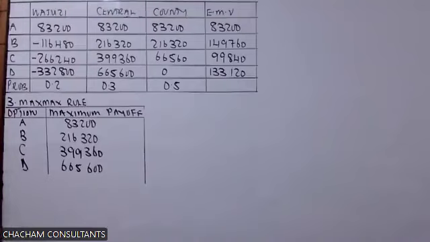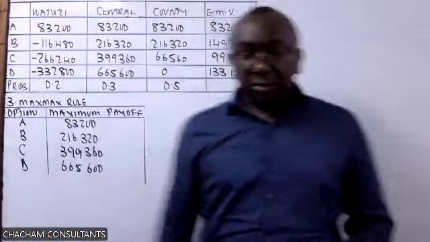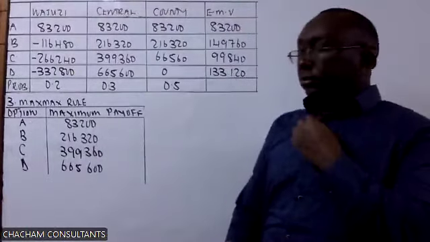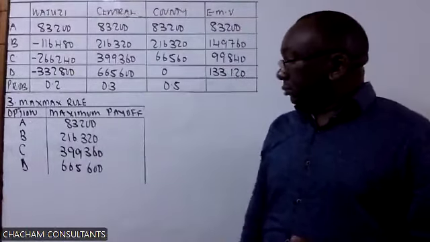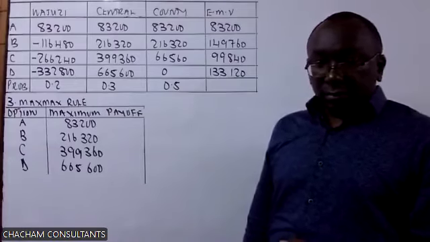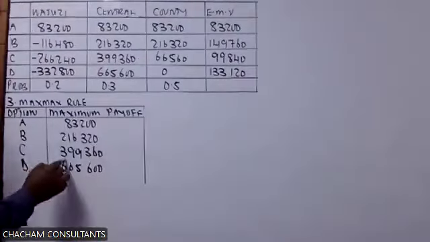So the maximum of the maximums here is which one? When you look at those values, what is the maximum of the maximums? D. It's D, good. So you circle this one.